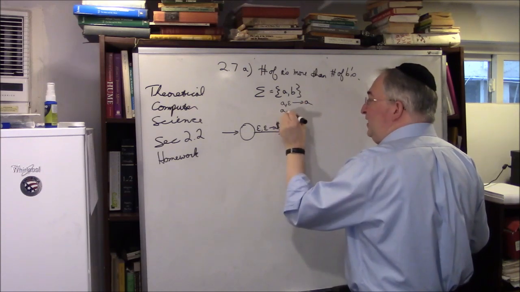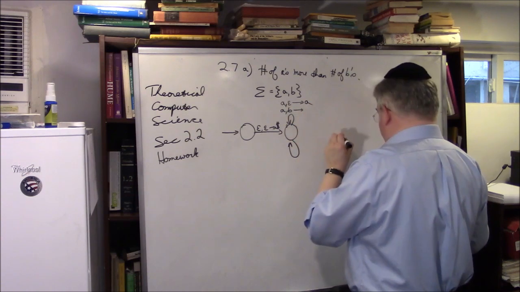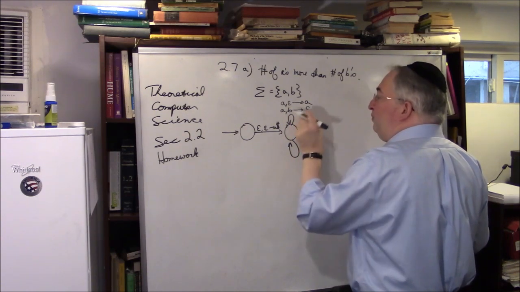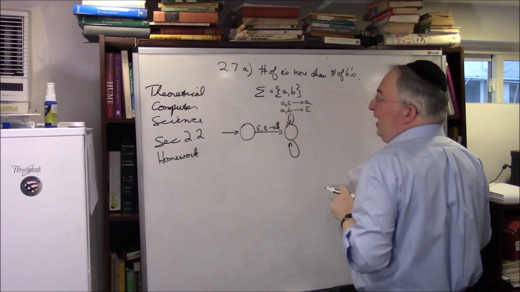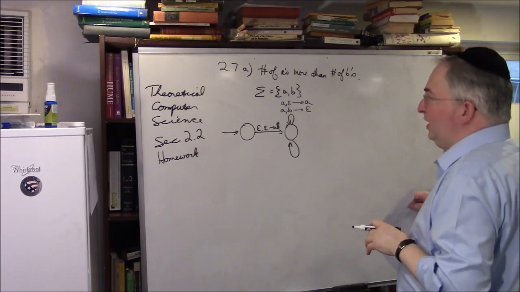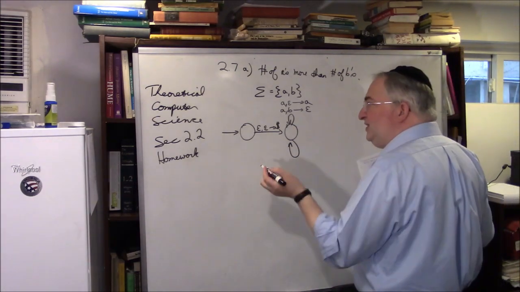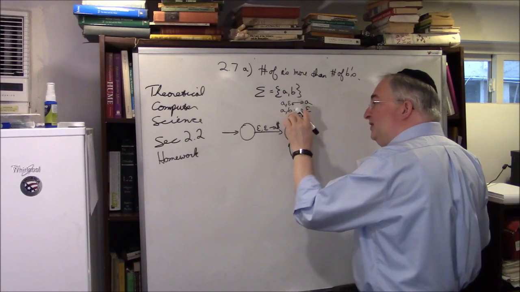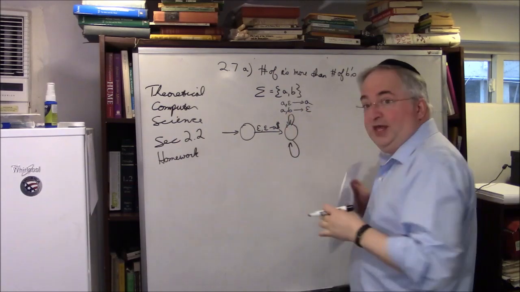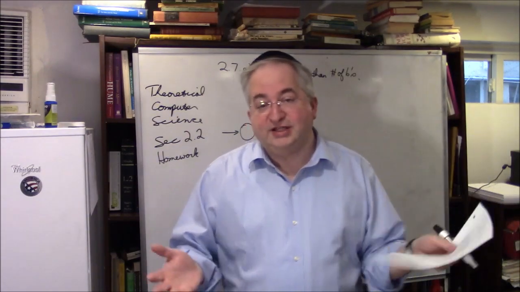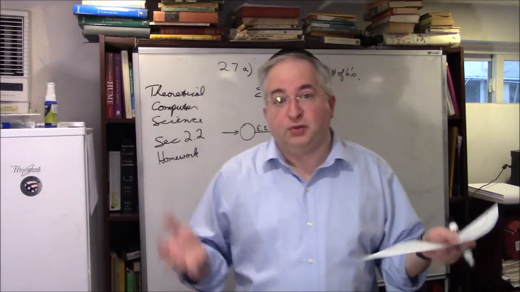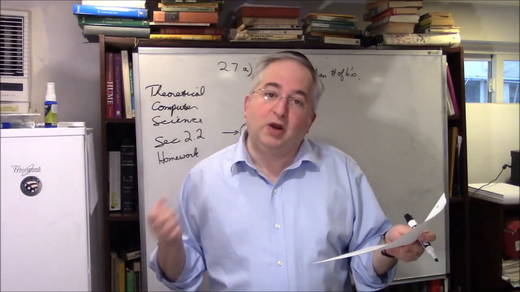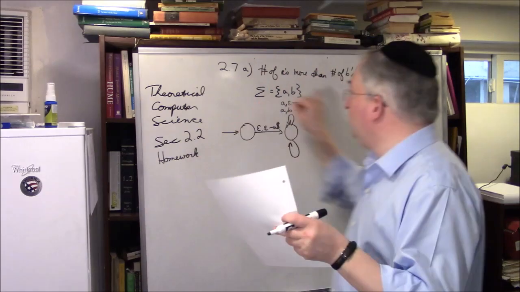If I see an A and there's a B on the stack, then pop off that B. You popped off the B and put nothing on the stack. Every time I see an A and there's a B on the stack, take it off. Again, there's this major war between the A's and the B's. They cancel each other out, and we like that. But at the end, we want the A's to win. More A's than B's.